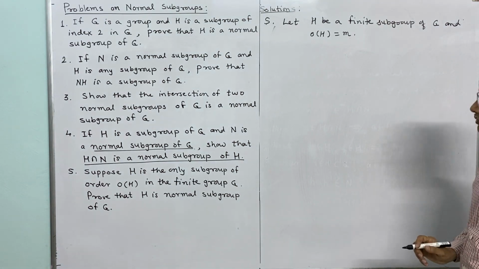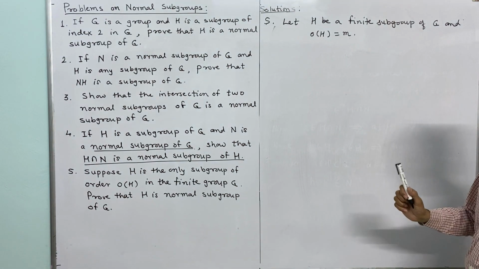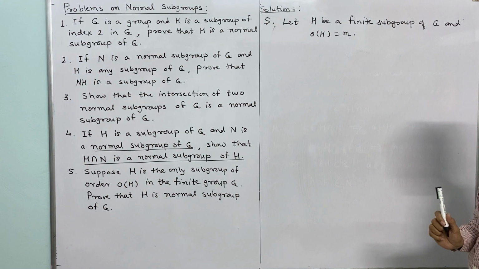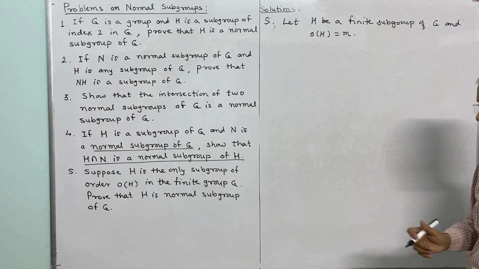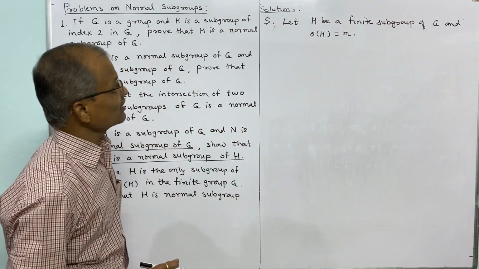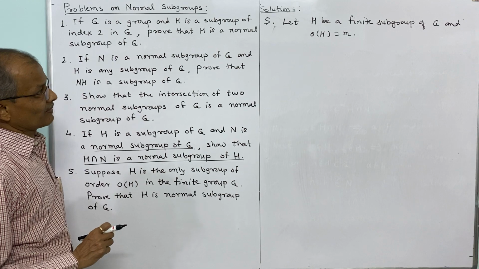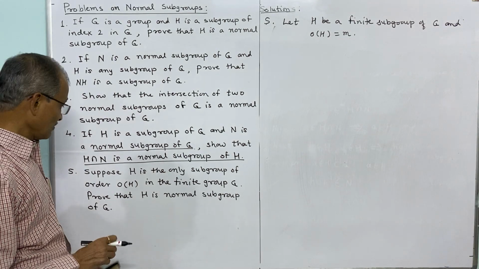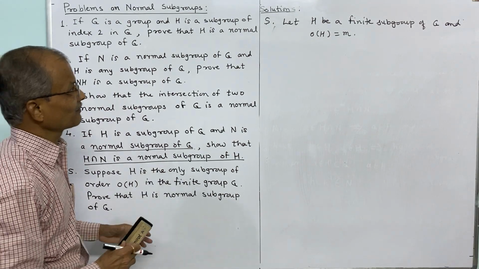Now, because we have to prove that H is normal in G, that means it satisfies one of the conditions for normal subgroups. Here we shall consider an element of the form gHg inverse.